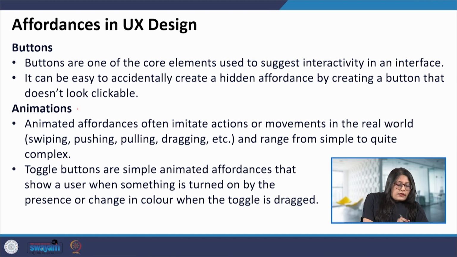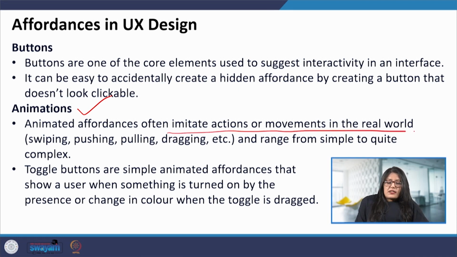The next is the animation. So, animated affordances generally imitate actions or movements in the real world, and here actions like swiping, pushing, pulling, dragging, etc. are carried out, and we can have very simple animations to very complex animations, and we will see some of these in the later slides.